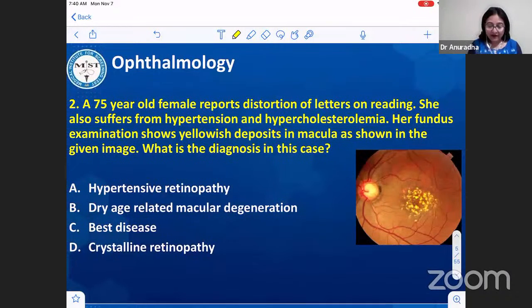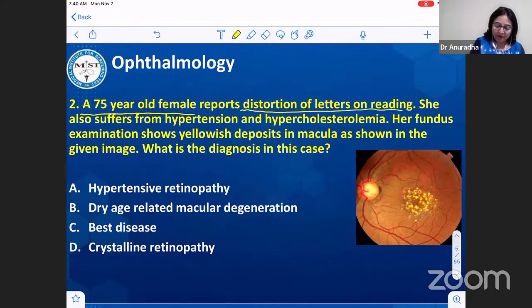A 75-year-old female. For ophthalmology, age groups are very important because certain diseases are more common in certain age groups. So here it's an elderly age group, a 75-year-old female. Distortion of letters on reading, right? What is the distortion of letters on reading, dear friends, known as?